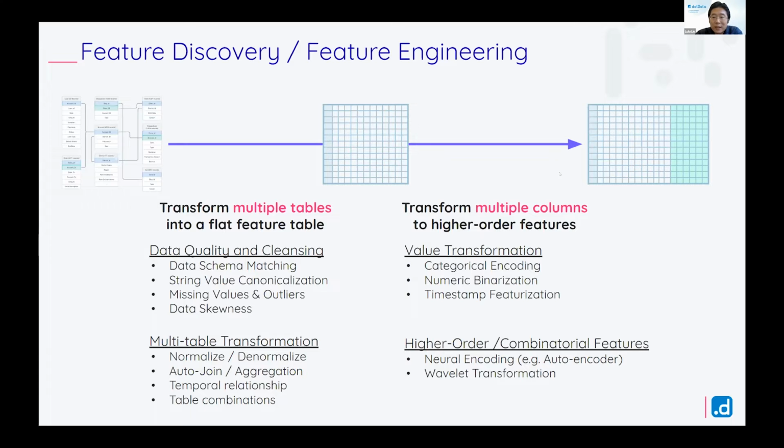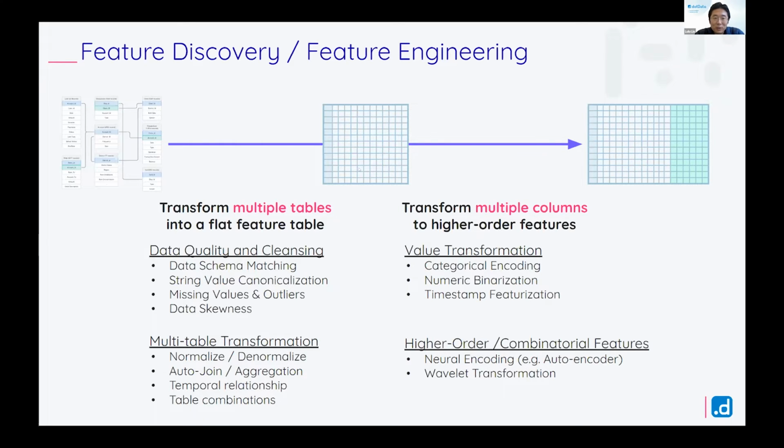So in the end, starting from these multiple tables as the starting point, you get a flat feature table, and the features are selected solely based on statistical performance. So there is no domain knowledge to bias you here and limit the scope, because usually data scientists, given the input from domain experts, define features given what you already know, but there could also be features to be discovered that you don't know yet.